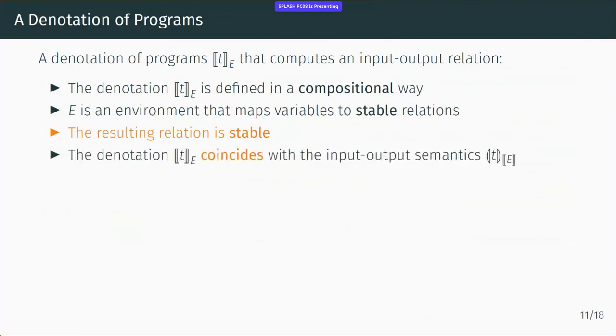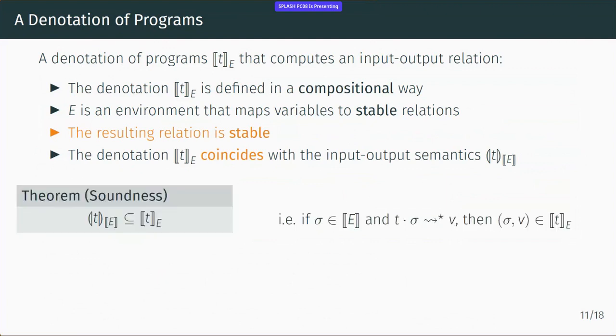Okay. And what is interesting is that this denotation actually coincides with the semantics that I've showed you a few slides ago. So first, it is a correct over-approximation of that semantics, which is something that you absolutely need if you want to derive a correct static analysis.